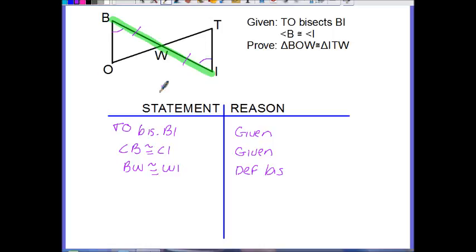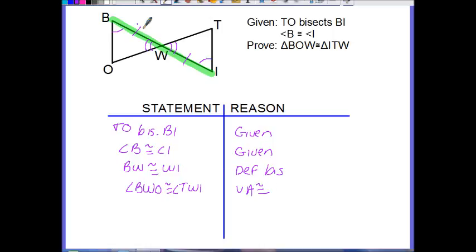And now I look at my picture, and I see I have bow tie angles. Bow tie angles are formed from intersecting lines forming vertical angles. Let's state those vertical angles. Angle BWO is congruent to angle TWI. The reason? Vertical angles are congruent.